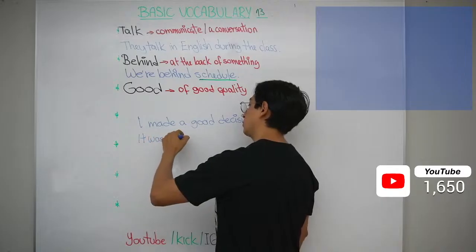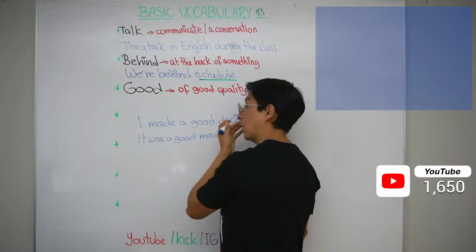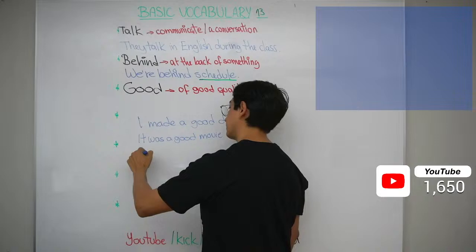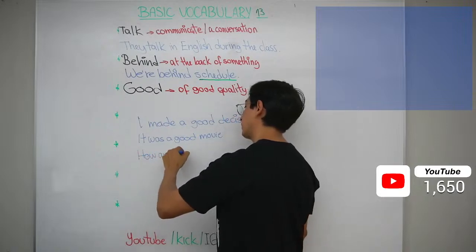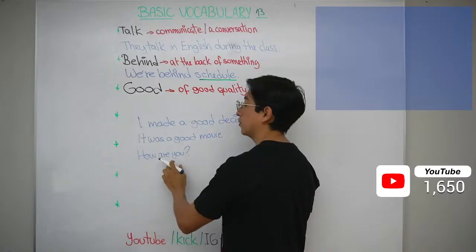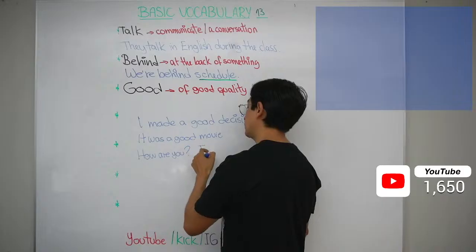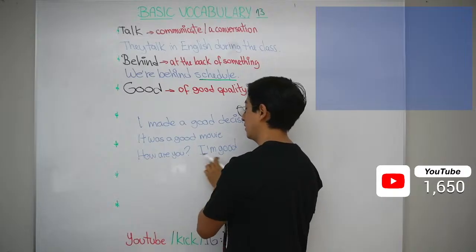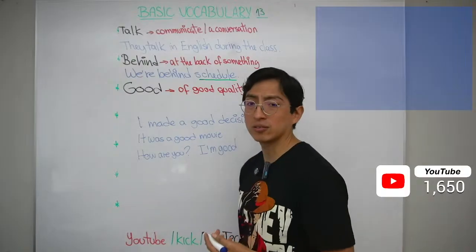It was a good movie. Or if someone asks you, hey, how are you? One possible answer is, I'm good. Look at this. I'm good. You can use it in that way too.